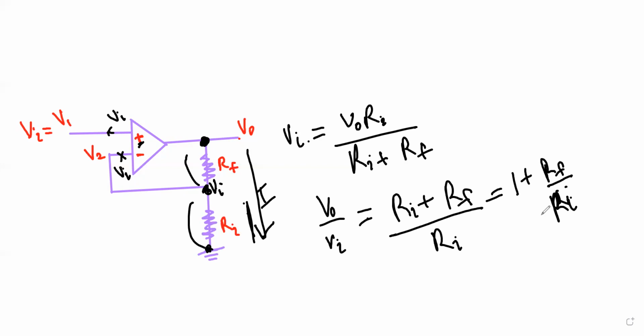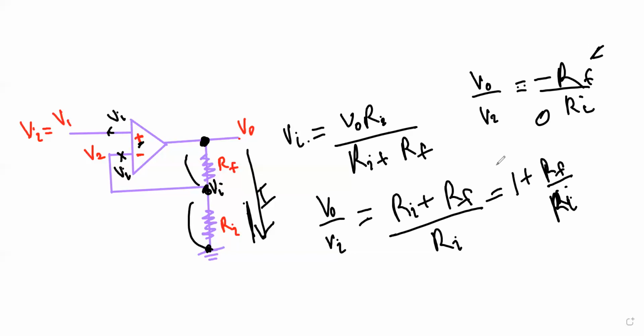Here you can see, in the previous video, for the inverting amplifier, we learned that V naught over Vi is equal to minus Rf over Ri. But here, let's say if you are not providing this Rf, which means you are giving 100% feedback to the negative terminal, you are going to get the voltage gain at zero.